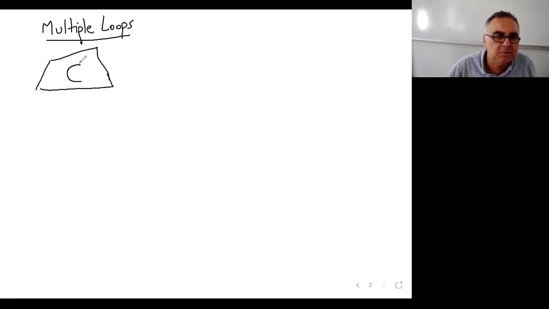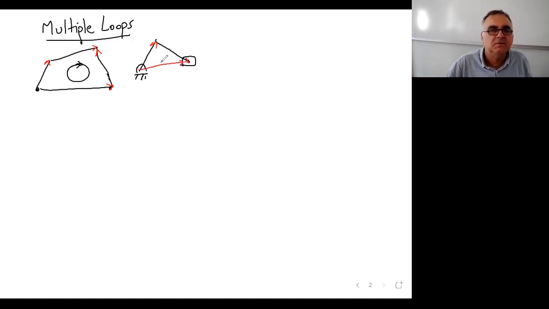There was only one loop here, as you see, in a 4-bar or in a slider crank like this one. There was a single loop equation. There is only one vector equation you could write here. That is, this one plus this one is equal to this one plus that one. Or you can say this vector plus this vector is equal to this vector. So there is only one loop, as you see here.